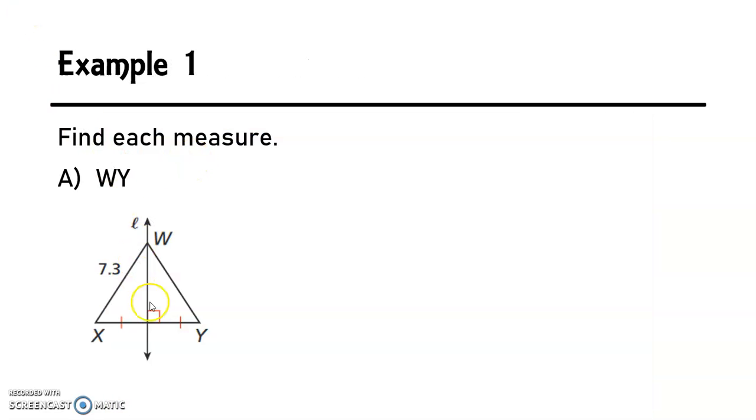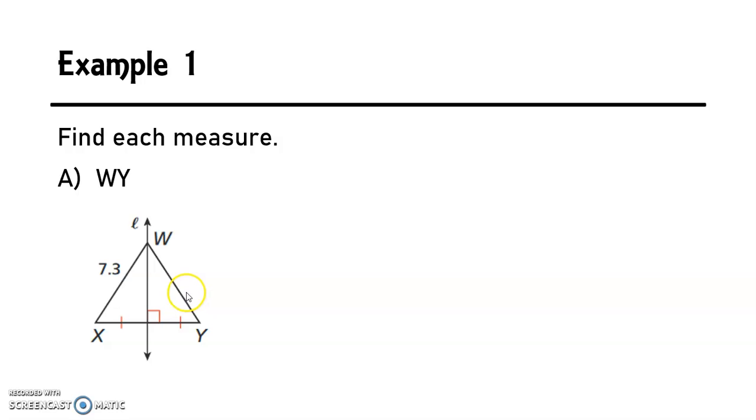Our first example gives us this picture right here, and they want you to find the length of WY. So notice what they've told us. They've said that the line L meets XY in a perpendicular manner, and it cuts XY into two equal parts. So this would be an application of the perpendicular bisector theorem because we're told it's a perpendicular bisector.